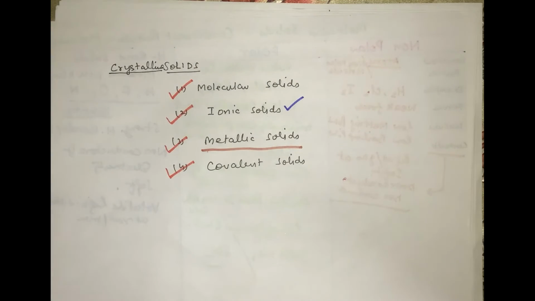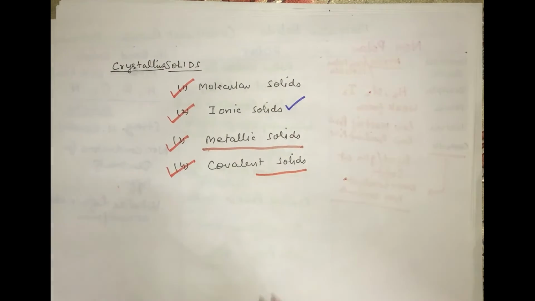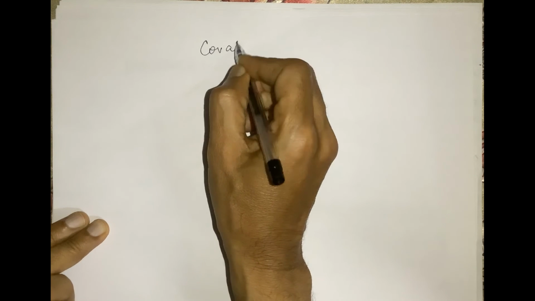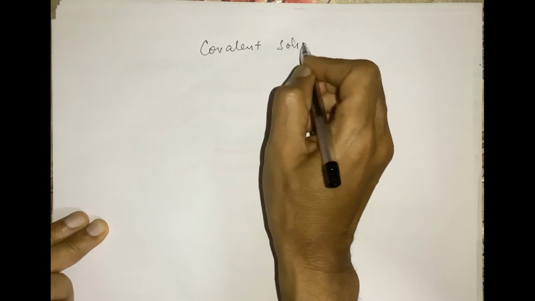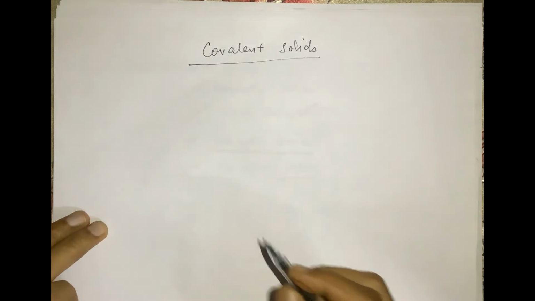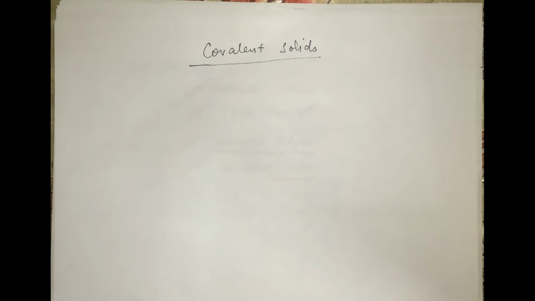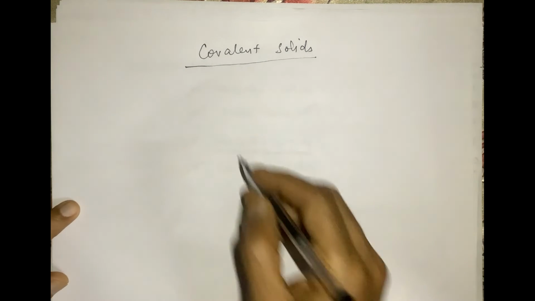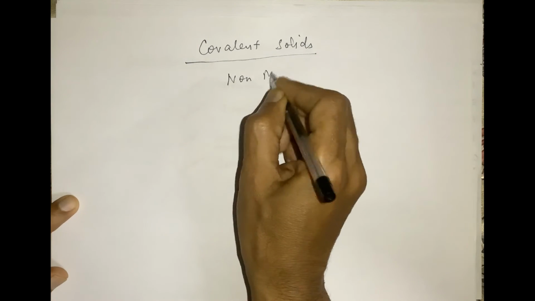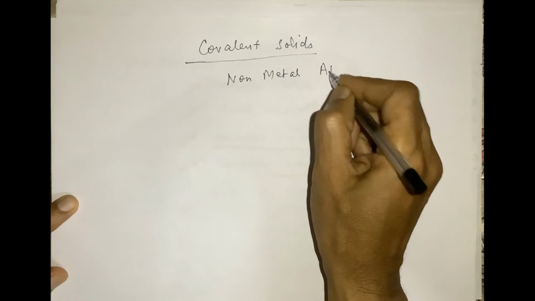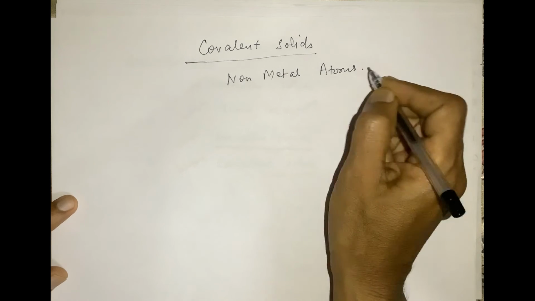Now the fourth type of solid, that is covalent solids. Covalent crystalline solids are generally non-metal solids.